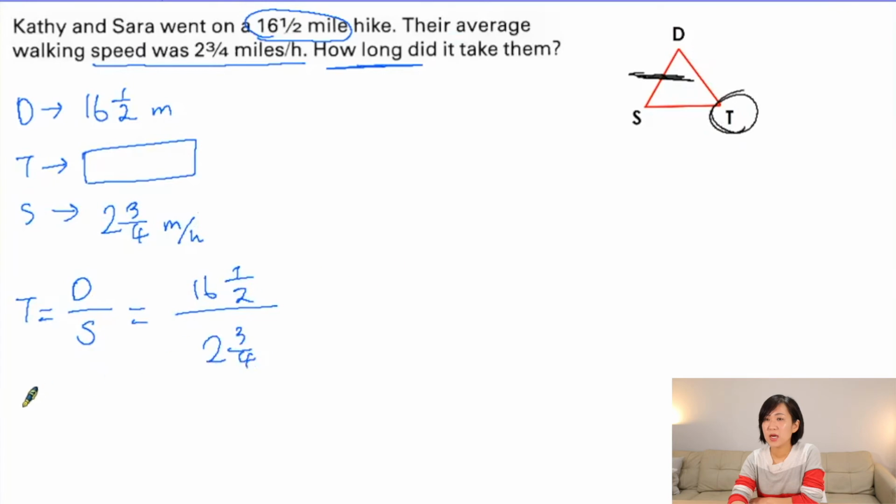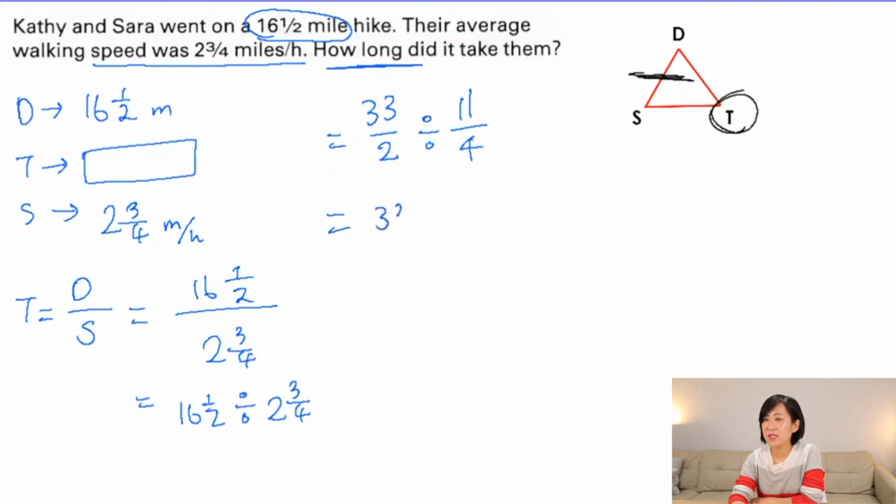So let's calculate them. 16.5 divided by 2 3/4. Let's change all the mixed numbers into improper fractions. So the first one is 33/2, and divided by this one, which is 11/4.